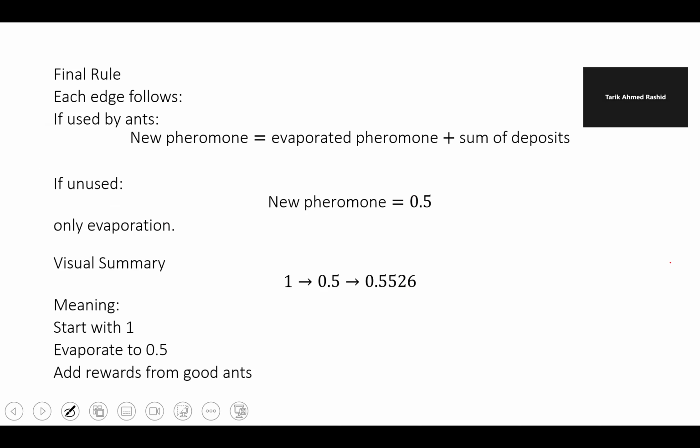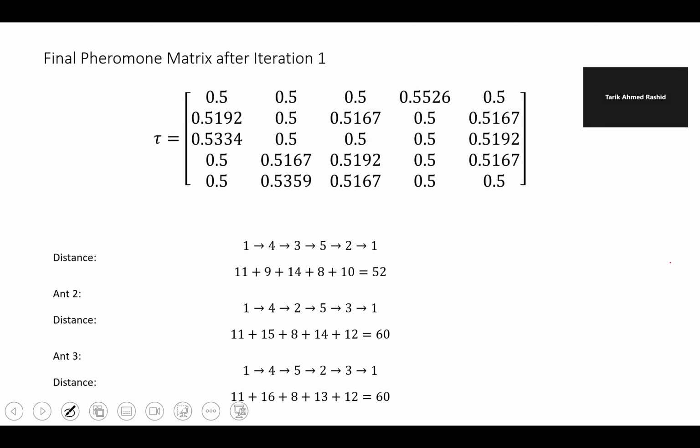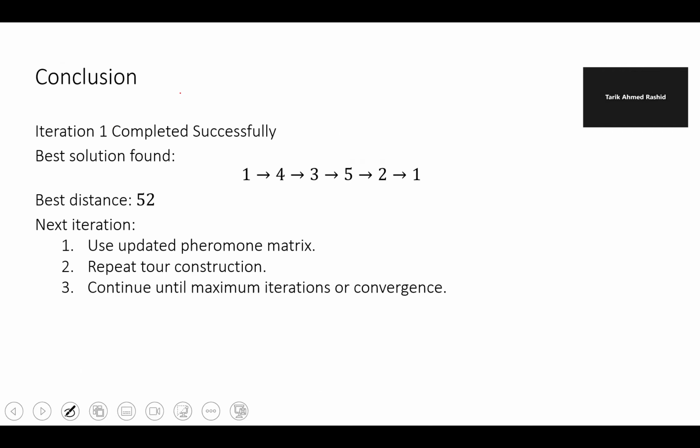So that is more or less how we work with ACO, and this is the matrix after the first iteration. You can see how ant 1 and ant 2 scored, and this is the visibility and the pheromone update, the pheromone update for the matrix.